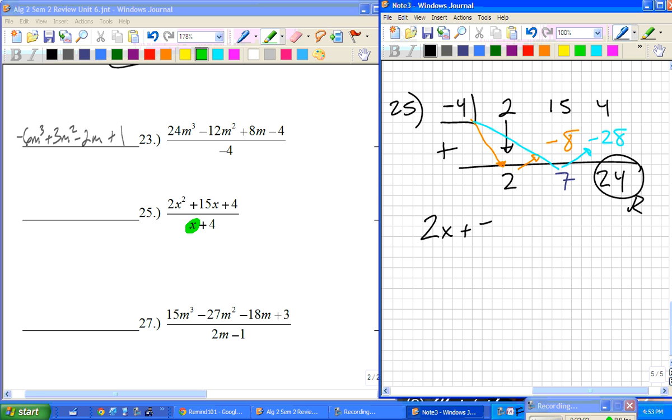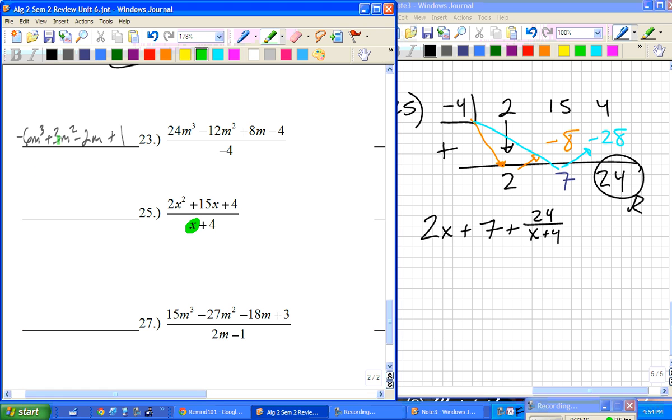So now we get 2x plus 7, but with the remainder, we take the remainder and we write it over what we're dividing by. Okay? So final answer, we get 2x plus 7 plus 24 over x plus 4.